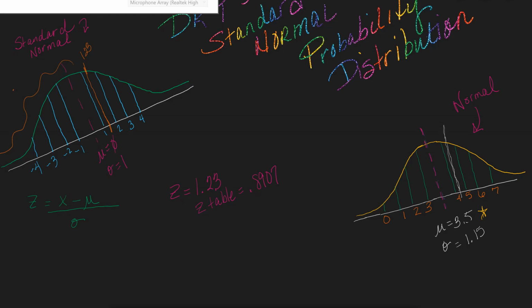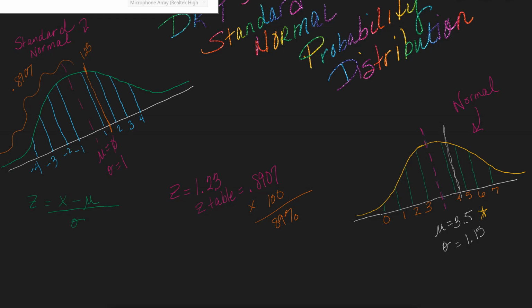But, well, let me show you something. What I can do is multiply 0.8907 times 100, and I can say roughly 89% of the observations that I'm looking for fall below 1.23.